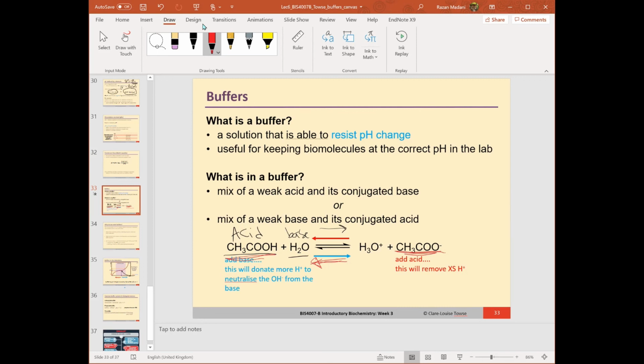Look at the red marker. Let me erase everything. From this, this way, to that one, is it gaining an H or losing one?